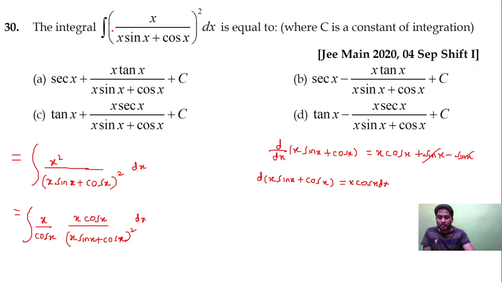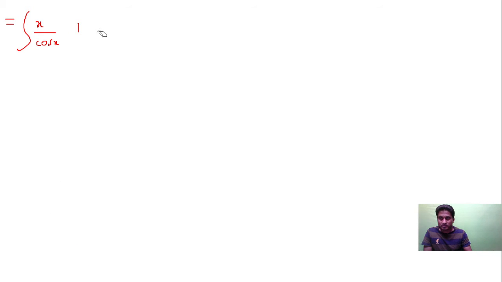So this can be written as integration of x upon cos x, and then 1 upon denominator x sin x plus cos x the whole square. And then x cos x can be written as d of x sin x plus cos x.